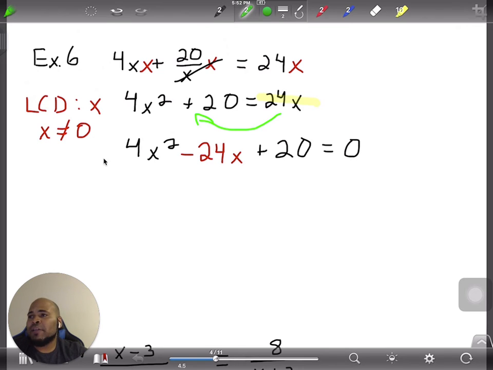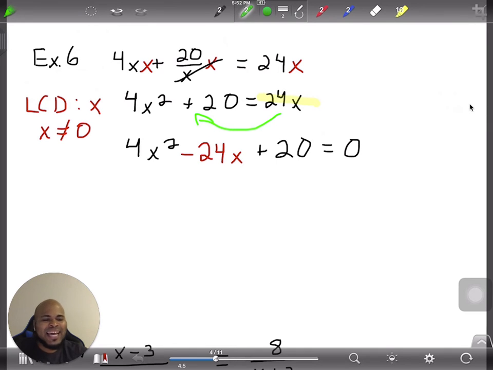And I put it in the middle because I want to factor. But before I factor, remember that if a is not 1, always try to simplify, find a greatest common factor or divide to see if I could simplify, make it work with smaller numbers. And in this case, I can because the greatest common factor here is 4. Every single number here is divisible by 4.